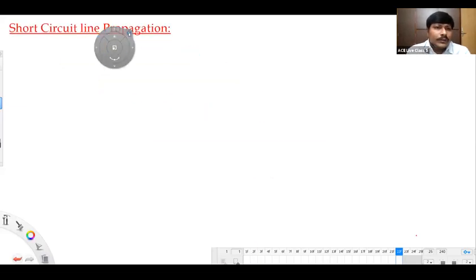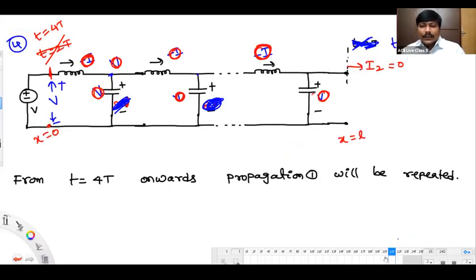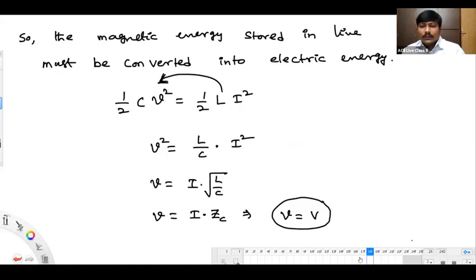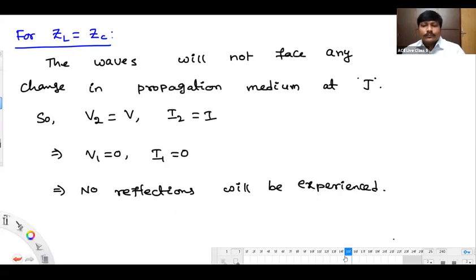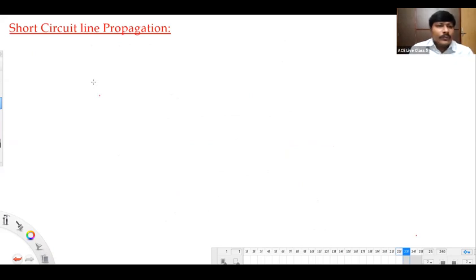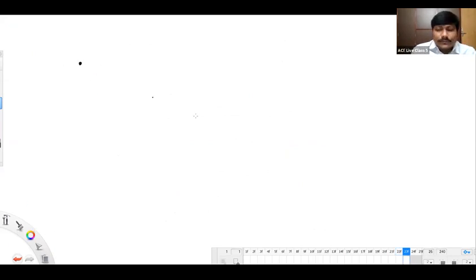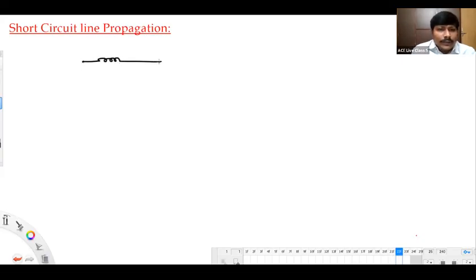Let's have a look at this one. I'll be showing the same lossless line model, with LC elements. All inductors and capacitors are equal in value.